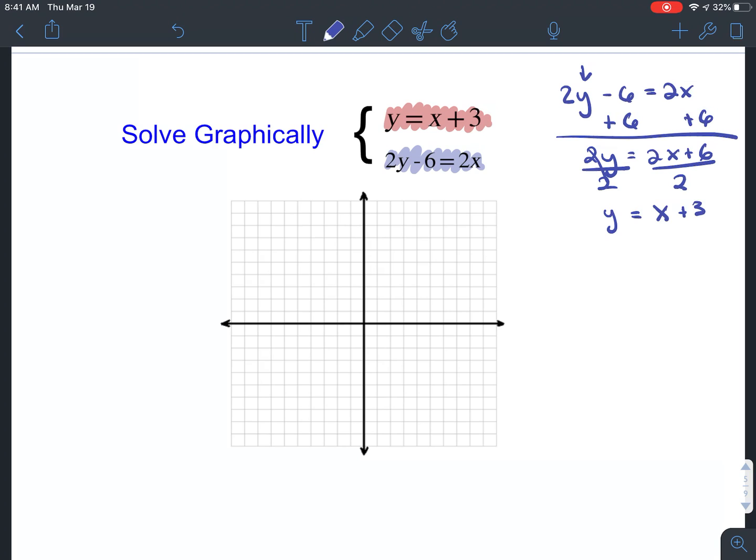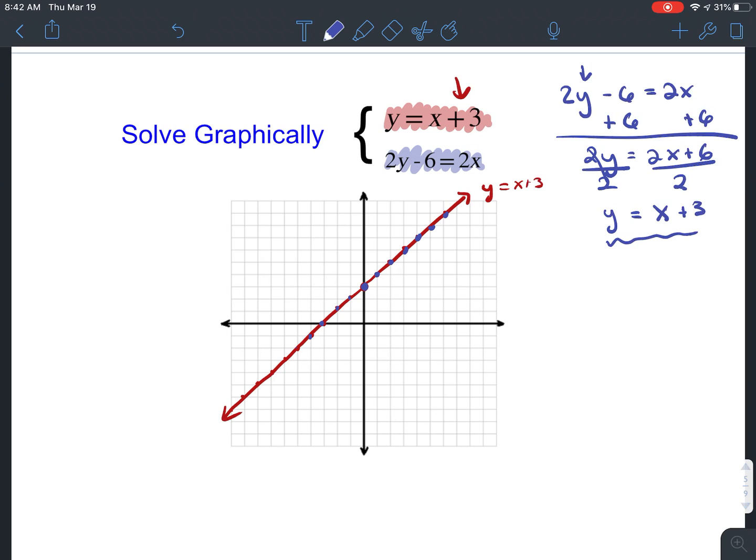So now, let's graph these. For the red line, we're going to have a y-intercept of positive 3 and a slope of 1. But if you notice, when you go to graph the second equation, it's actually the exact same thing.